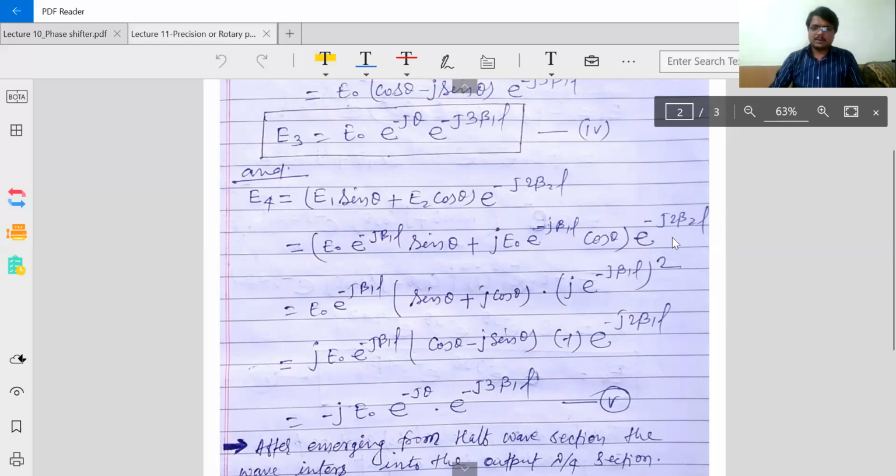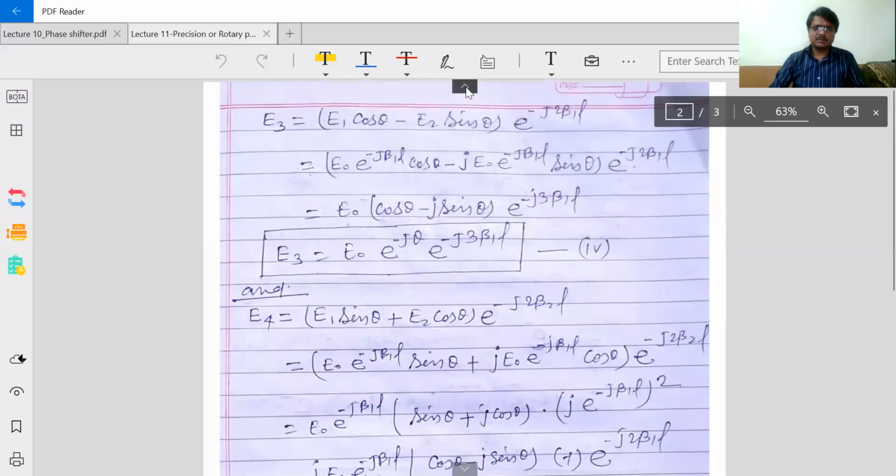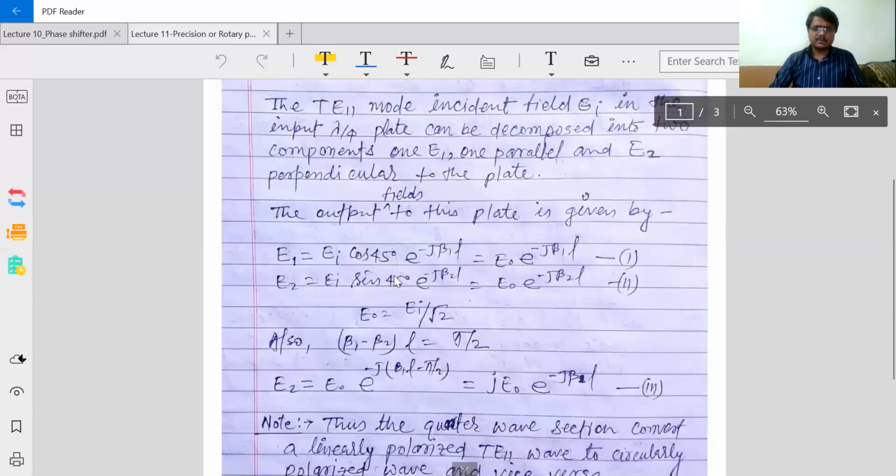And this 2 is, let us suppose, whole square, but within this it is e to the power minus j beta 1, beta 2 L minus e to the power minus j beta 2 L. So from the previous equation, we have already calculated it.